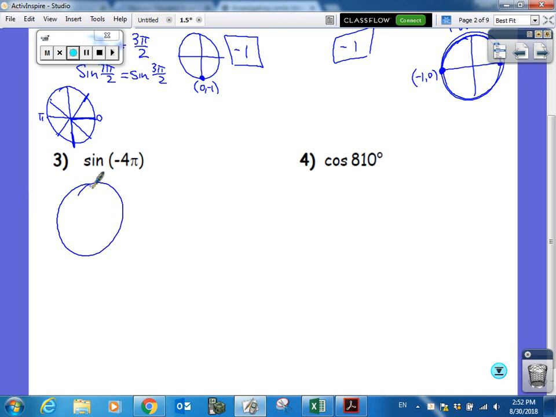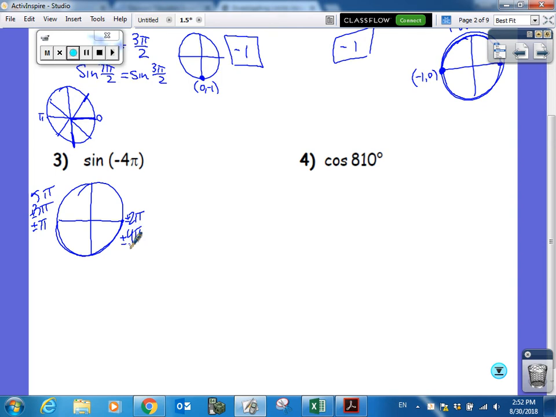This one hopefully should be one of the easier ones on here, because we talked the other day. This is 0, this is pi, we're at 2 pi, 3 pi, 4 pi, 5 pi, but we can also go the other direction. So if I'm going in a negative direction, this is -1 pi, -2 pi, -3 pi, -4 pi.